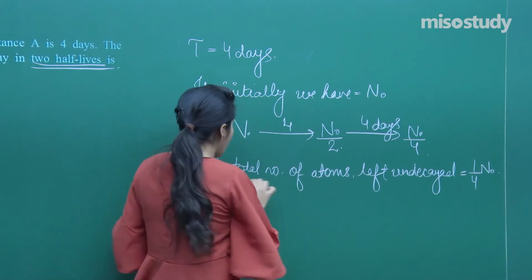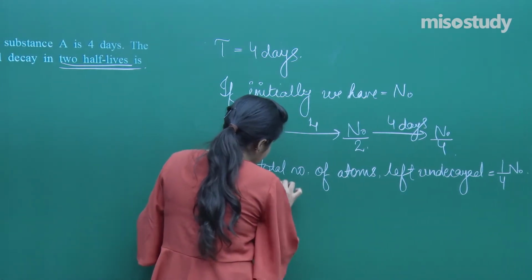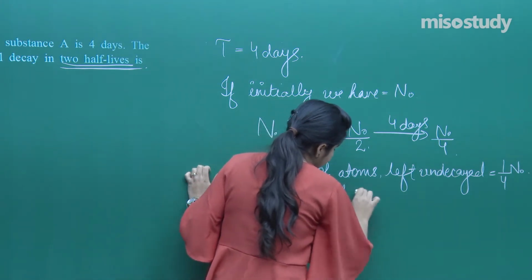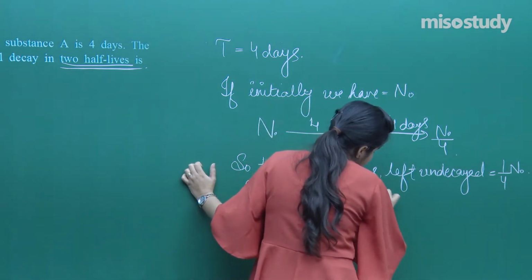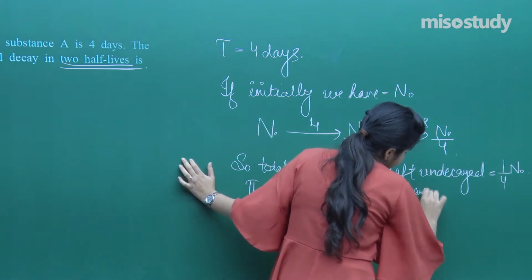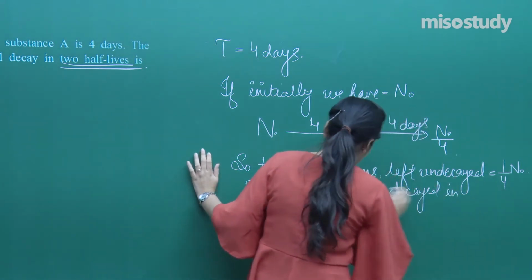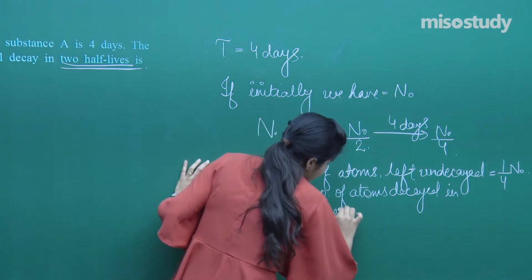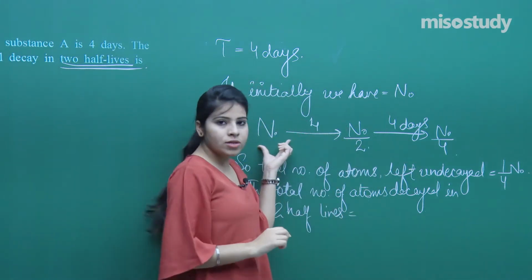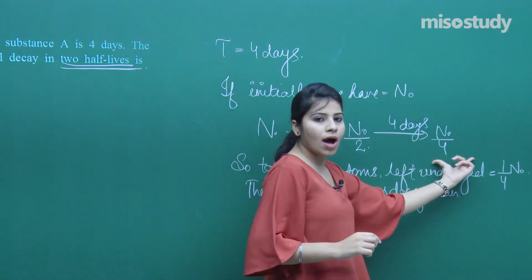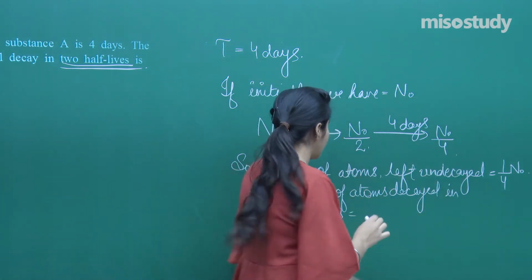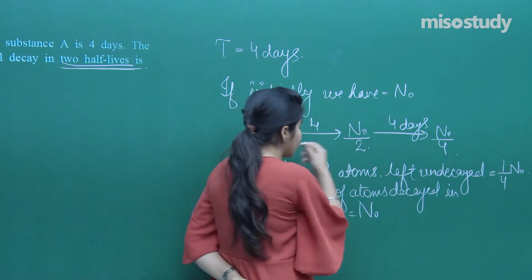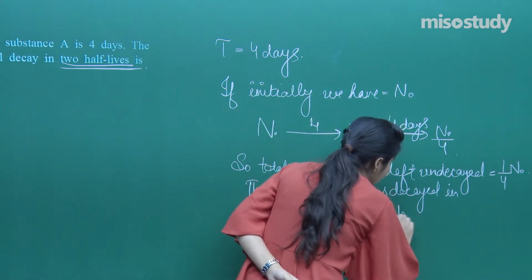Now if I speak about the atoms that are decayed in the 2 half-lives, initially it was n naught and after the 2 half-lives it has become n naught by 4. So your total number of atoms that have decayed will be n naught minus n naught by 4.